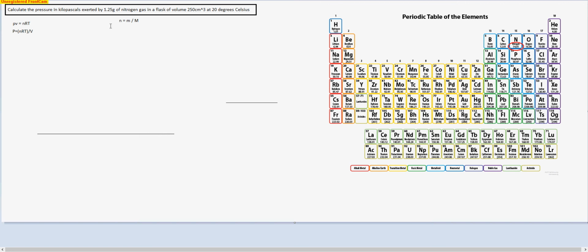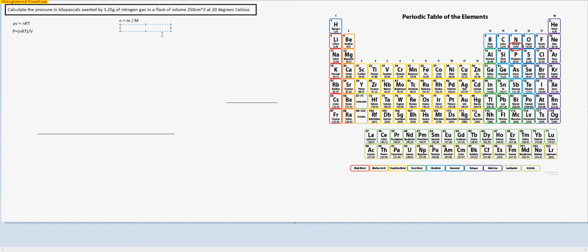So the equation for getting n is 1.25 grams over 28.02 grams over moles.